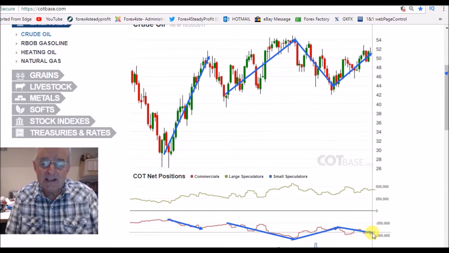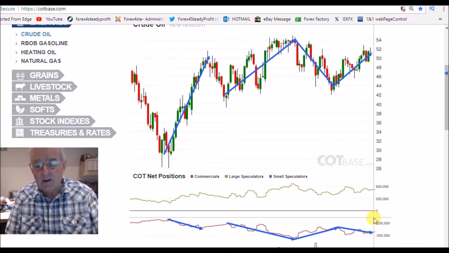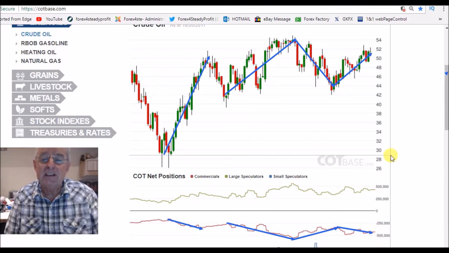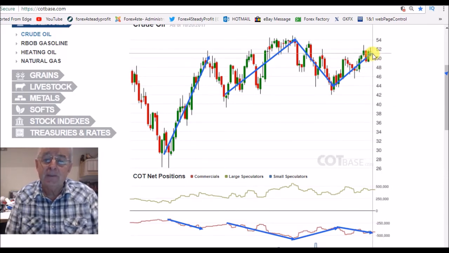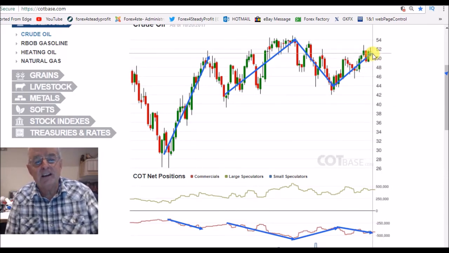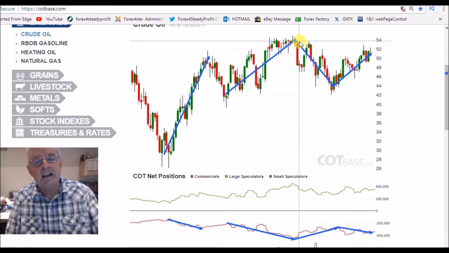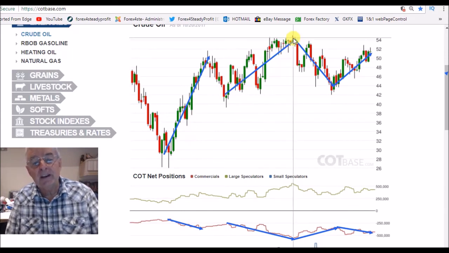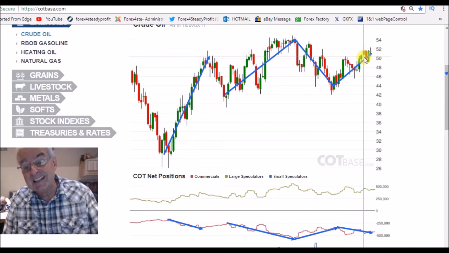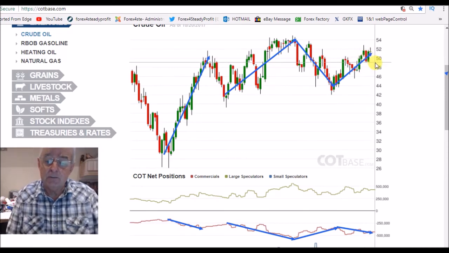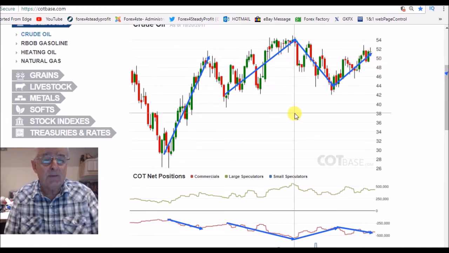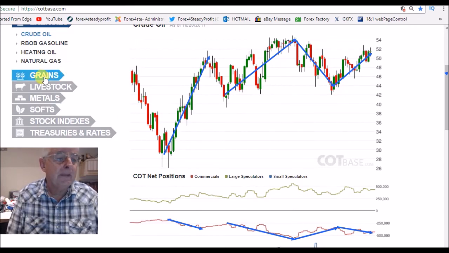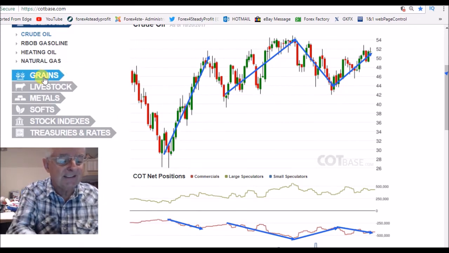It isn't quite as extreme as I would have liked, but I do believe we're going to see some downside from here. And the other thing to note is it's a lower high. So I think basically from the period of the price going up here, I think we're now in a period of the price descending. So that's where I stand with that one. But we'll get on to the next.